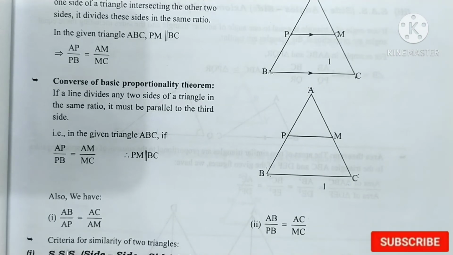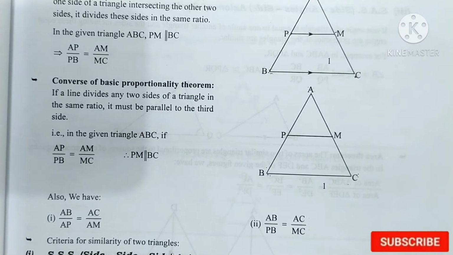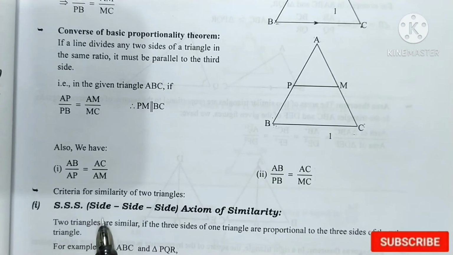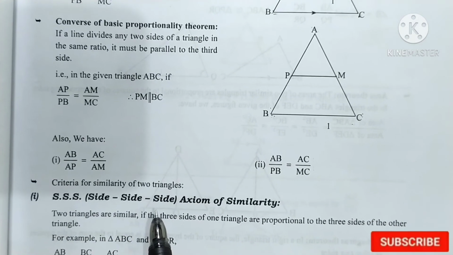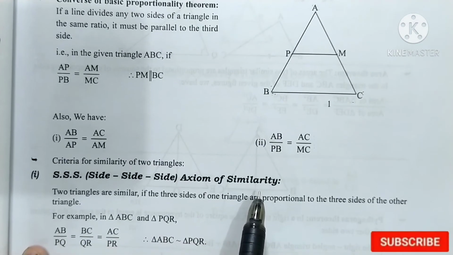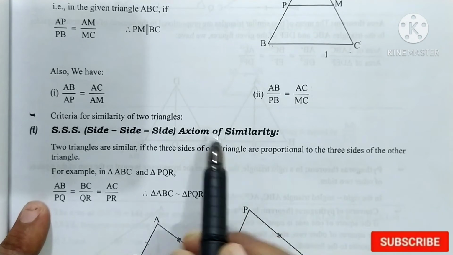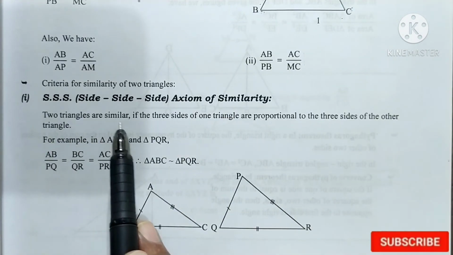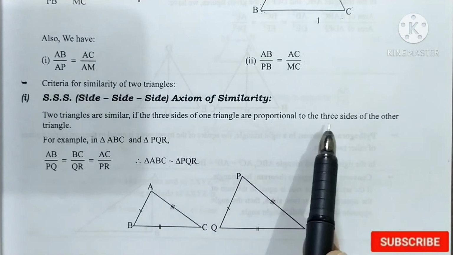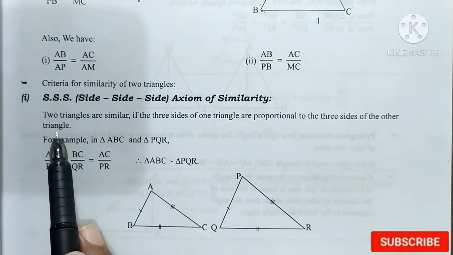Next point, criteria for similarity of two triangles. First, SSS, side axiom of similarity. Two triangles are similar if the three sides of one triangle are proportional to the three sides of the other triangle.